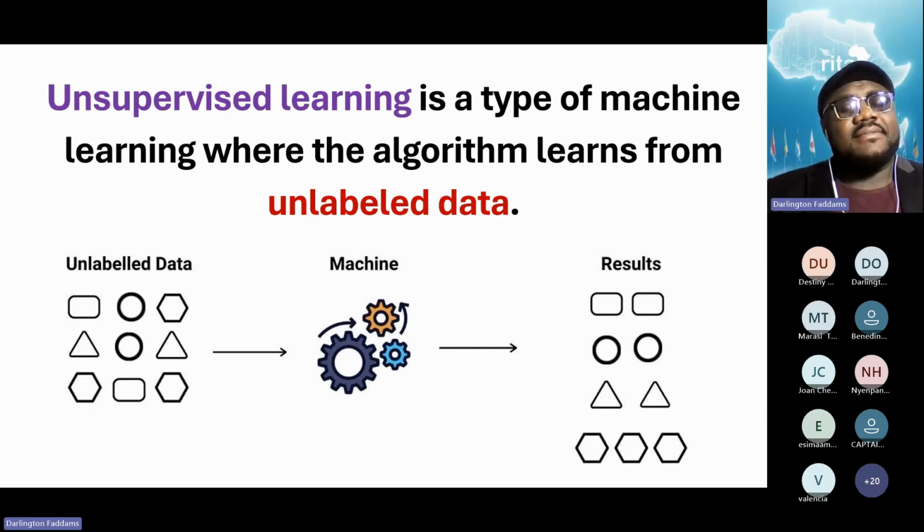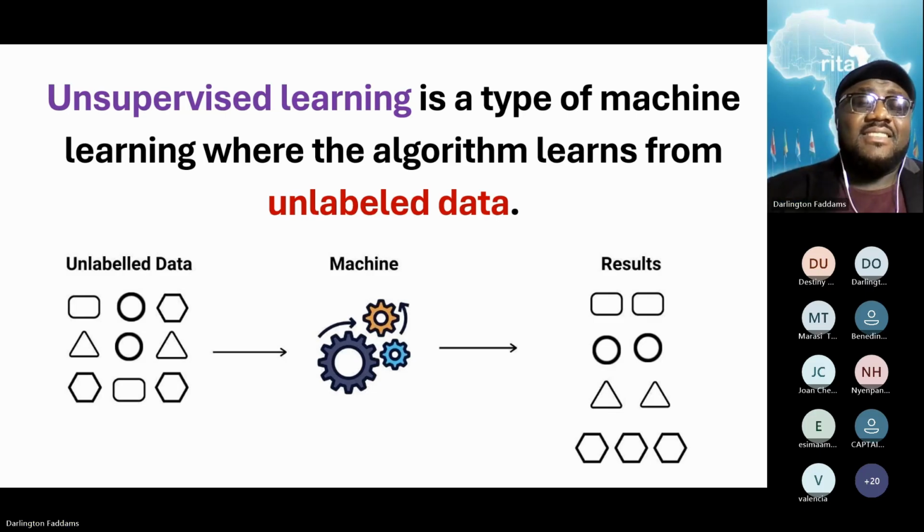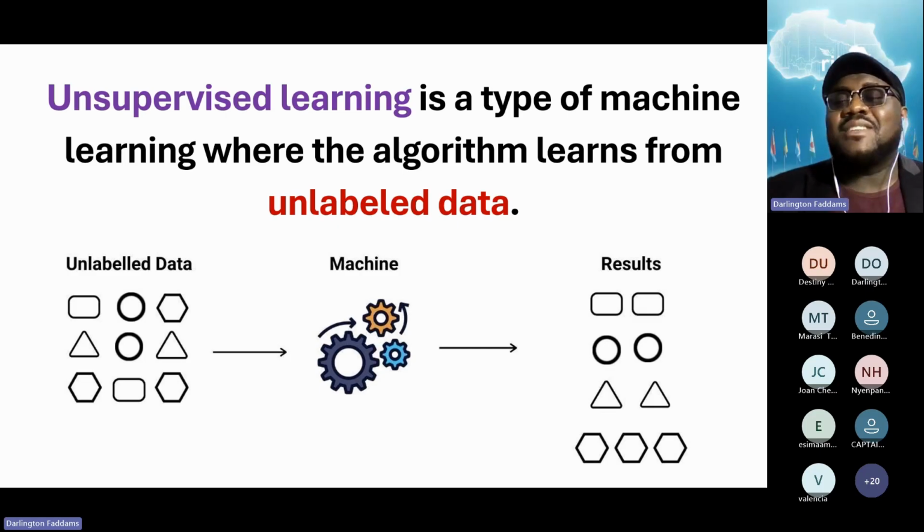Unlabeled data. Now, if it learns from labeled data, we call it supervised learning. But if it learns from unlabeled data, how is it going to do that? We call that unsupervised. We are going to see whether it is interesting or not. When we are done, I'll ask you whether you find it interesting or not.